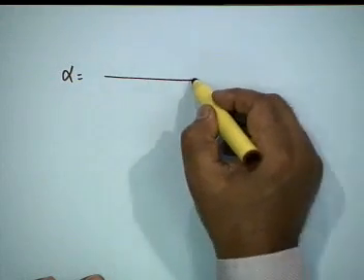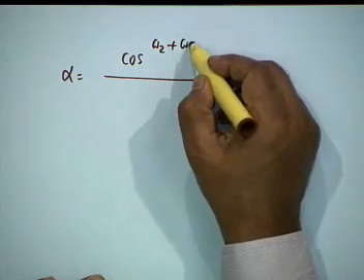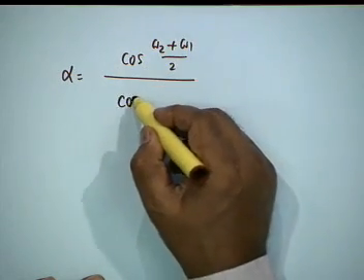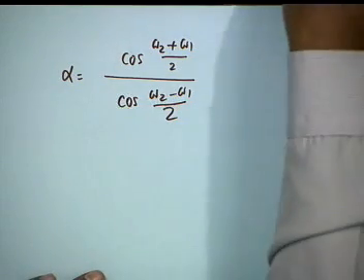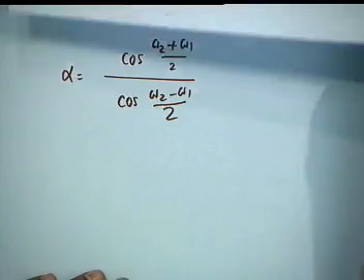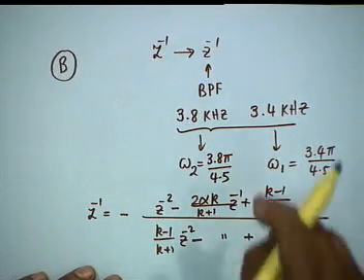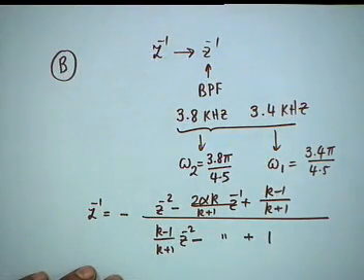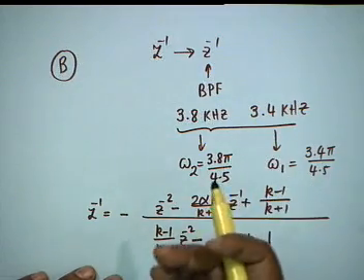First, alpha is the ratio of cosine of omega 2 plus omega 1 by 2 to cosine of omega 2 minus omega 1 by 2, and this is the reason why we did not convert them to decimal numbers, we keep them as fractions, because you have to add them and subtract them, then divide by 2.